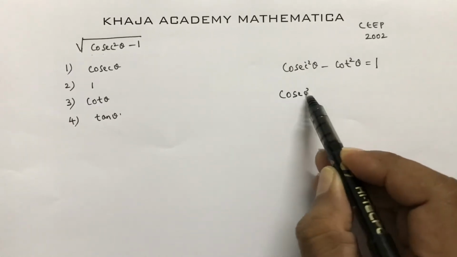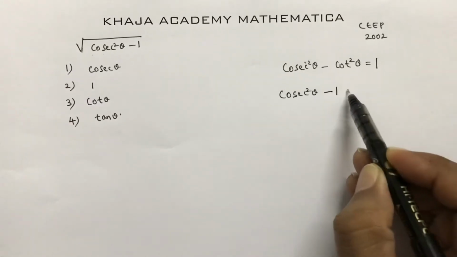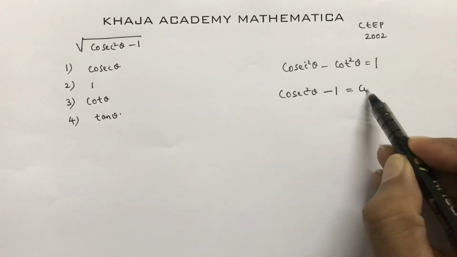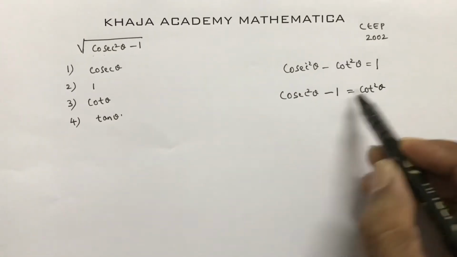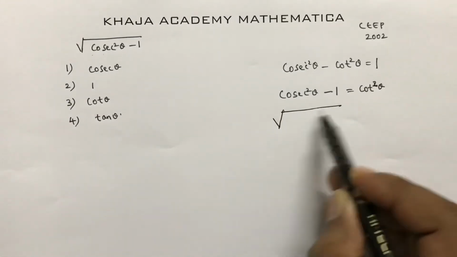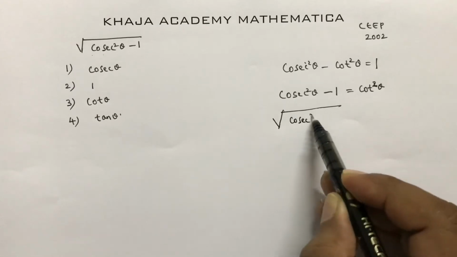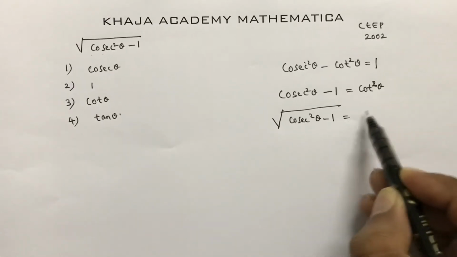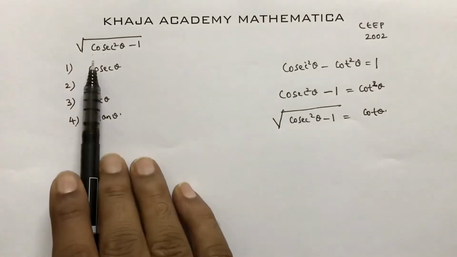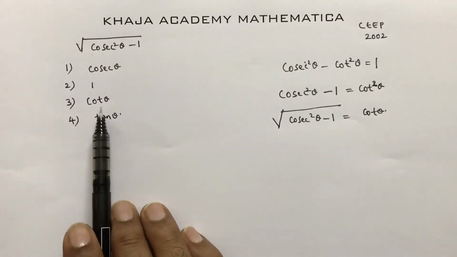If we transpose 1 and take cot square to the other side, you'll get cot square theta. We need under root, so taking the root, under root cosec square theta minus 1 is cot theta.